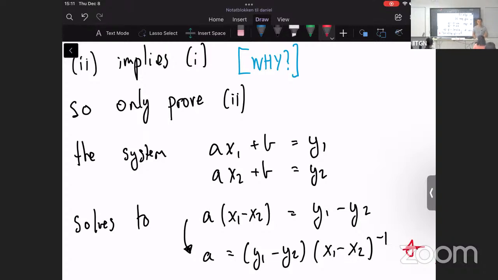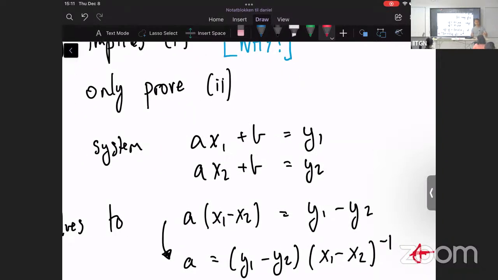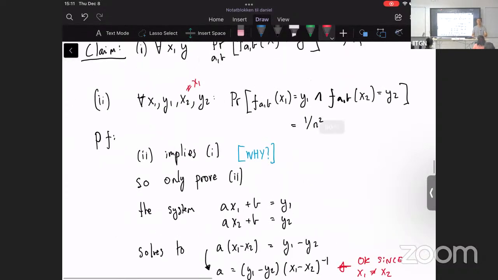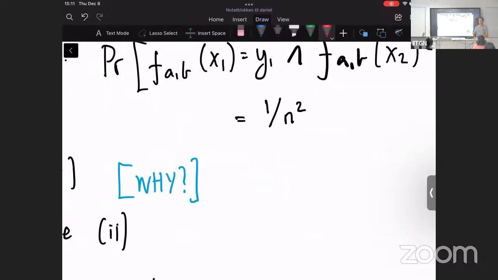So in particular, since you have a solution for every pair, the probability ends up being precisely 1 over n squared, right? You have one option out of n squared options that will give you the right thing.